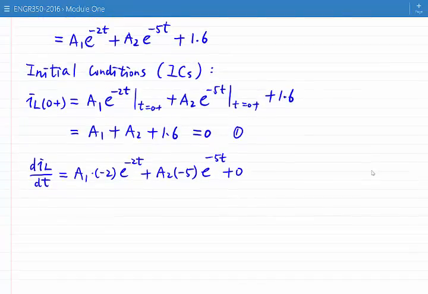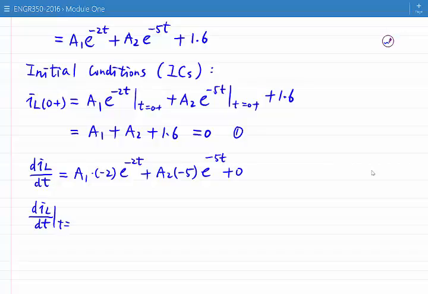This equation should be valid for all time. That means it should also be valid when t is 0 plus. So dIL over dt at t equals 0 plus is also valid.